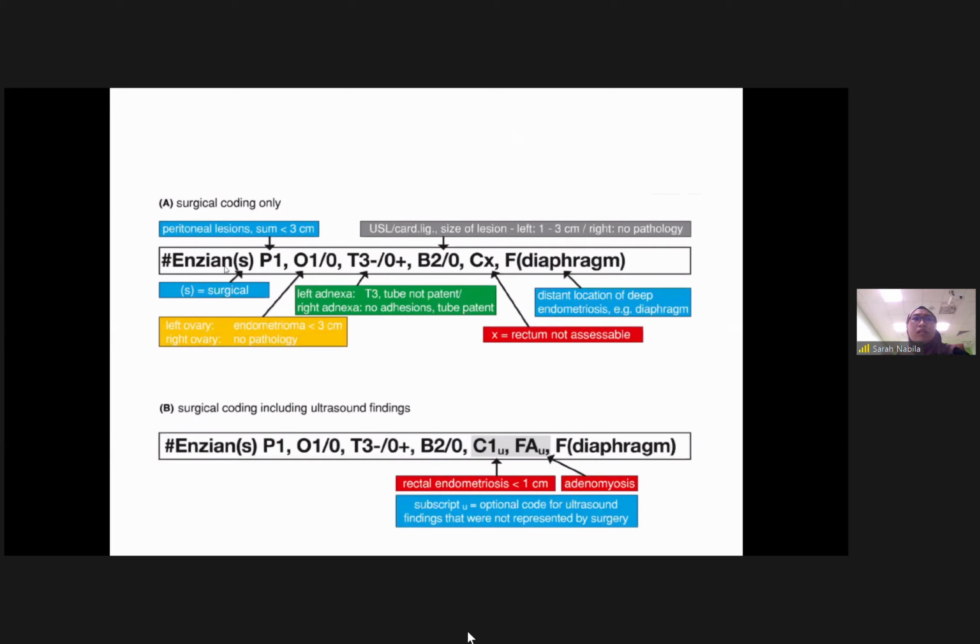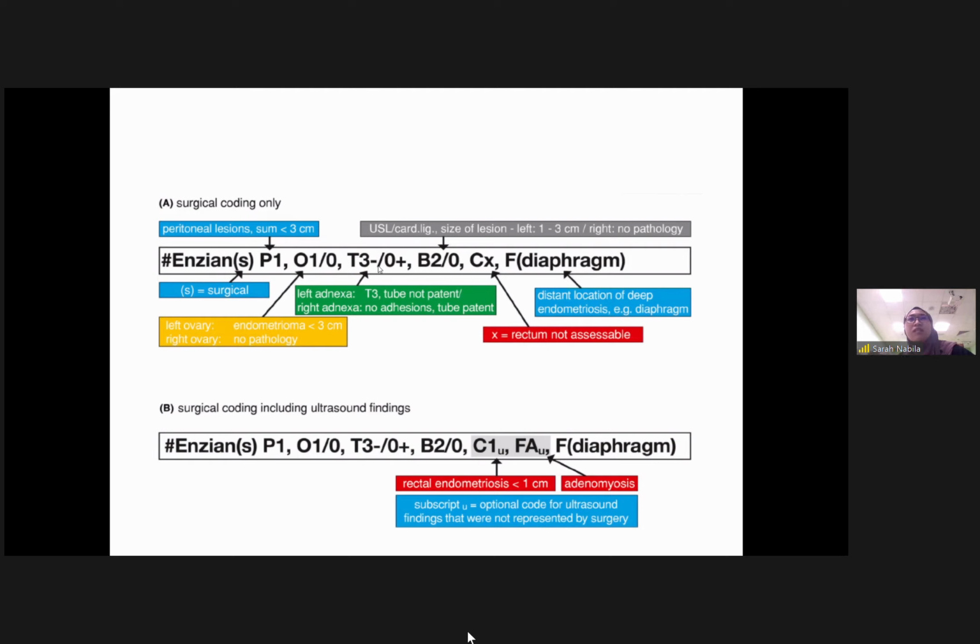This is the same as just now, but it is diagnosed in surgery. As they put here, surgically assessed, P1 means there are peritoneal lesions less than 3 centimeters. O1/0 means there is involvement of the left ovary, which is endometrioma, but the right ovary has no pathology.